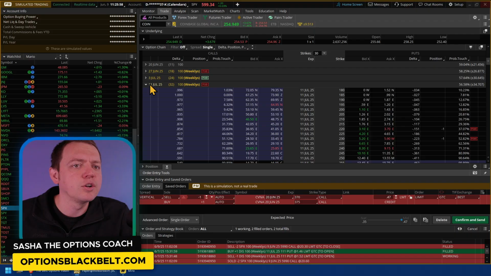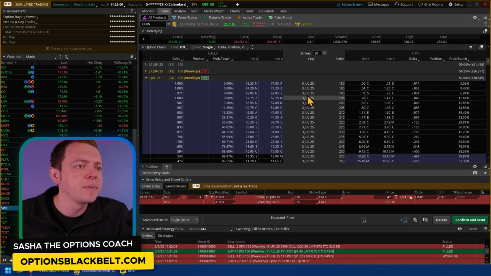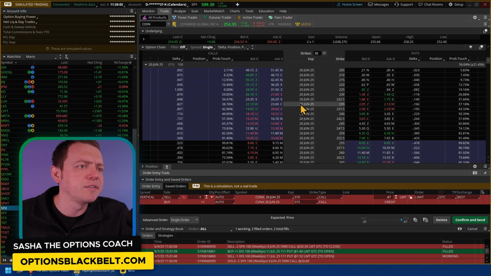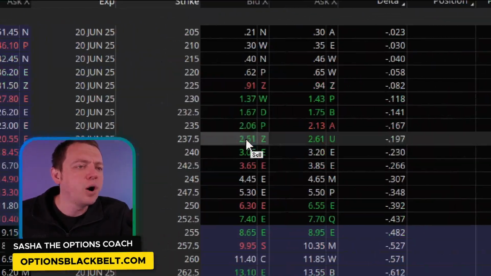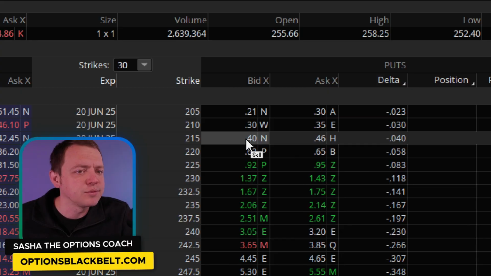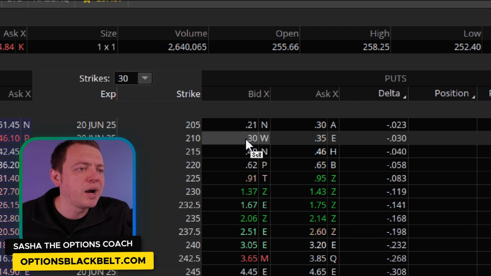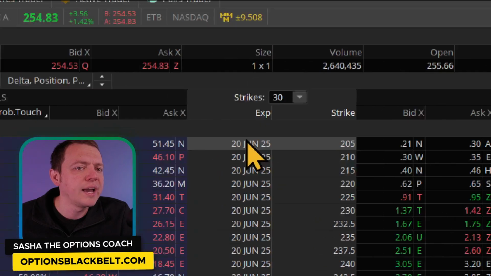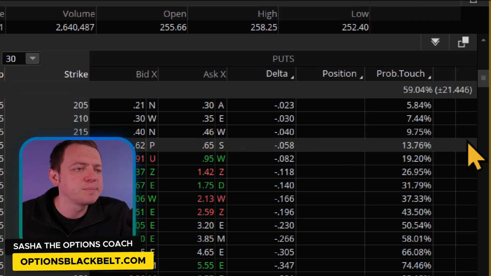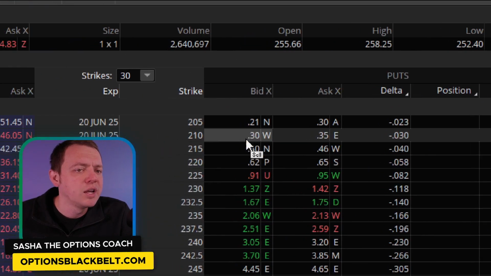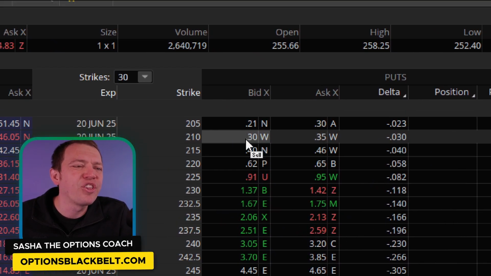To have a high degree of win, let's take an 11-day expiration. Right now the current stock price is 254. If I want a really good chance of winning this, I could say I'm willing to buy that stock way out here at 210. That's almost 40 points lower. The expected move here is only 20 points. But at 210, I'm only going to make $30.